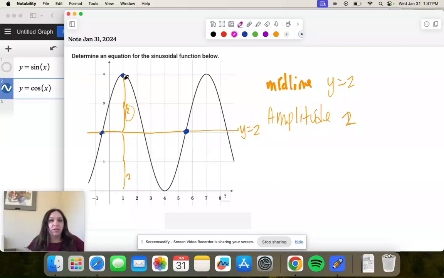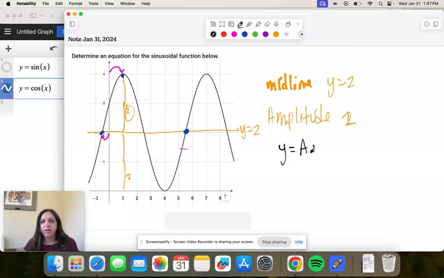We could do cosine that shifts right 1, or we could do sine that shifts left 0.5. It's up to you. So we haven't done a cosine one yet, so let's do cosine. And I'm going to start with just our general form.